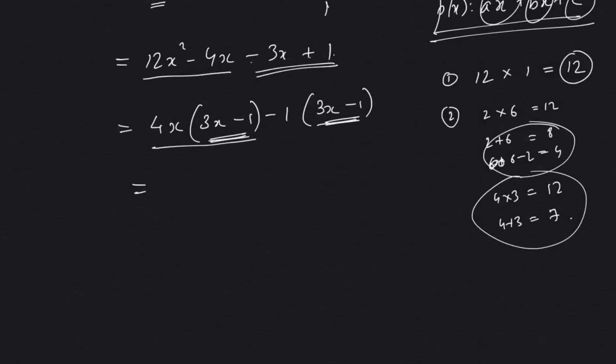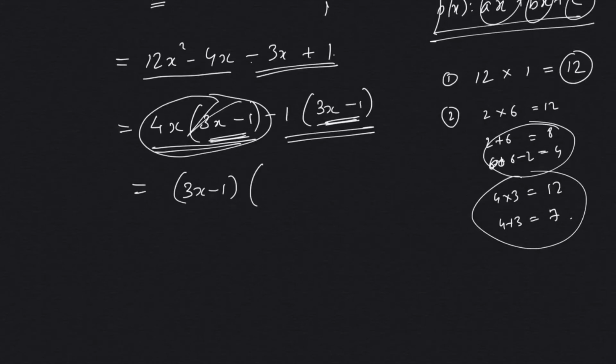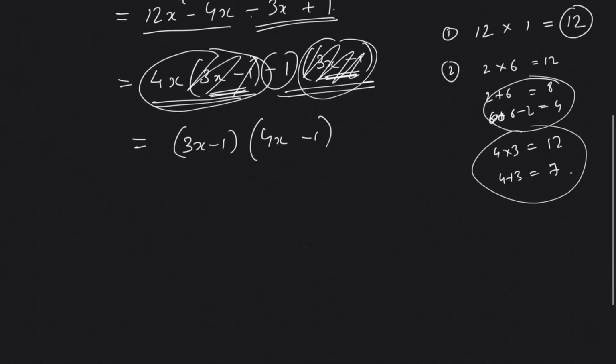Once these two brackets are equal, from these two terms we will take 3x minus 1 as the common factor. From the first term, if we have taken 3x minus 1, we are left with 4x. From the second term, if you take 3x minus 1 as the common factor, you are left with minus 1.